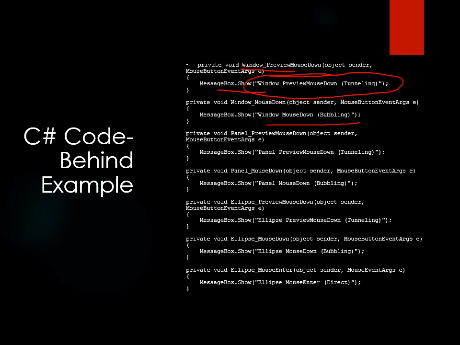And whenever you enter the ellipse, you find the direct event message popping up. This is how it works, and it will be very useful in large projects where we use triggers and styles with respect to the requirement.